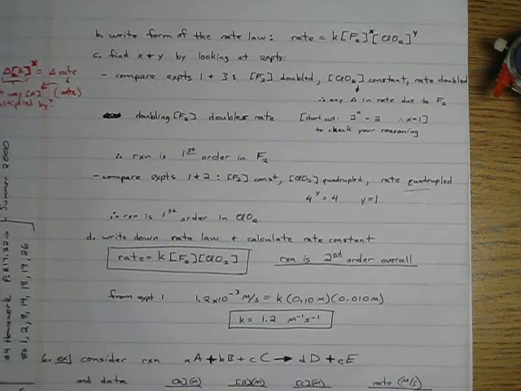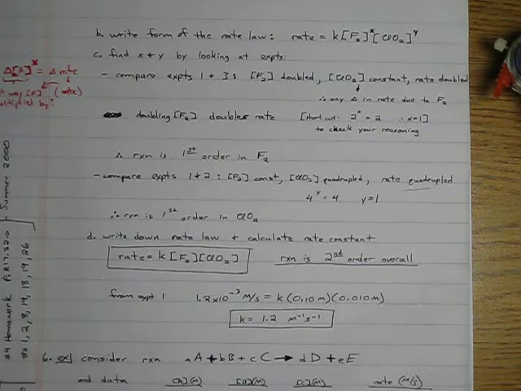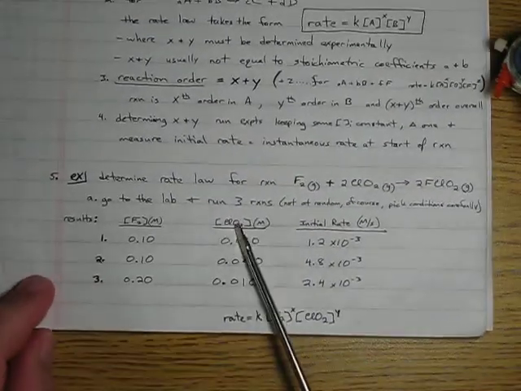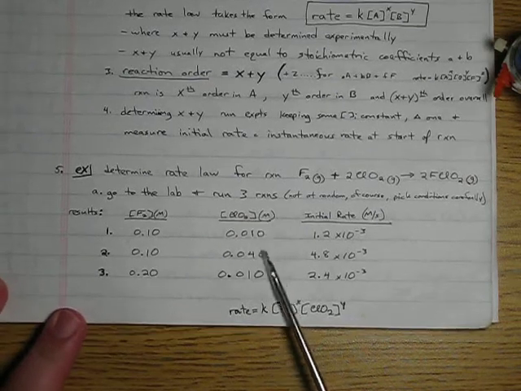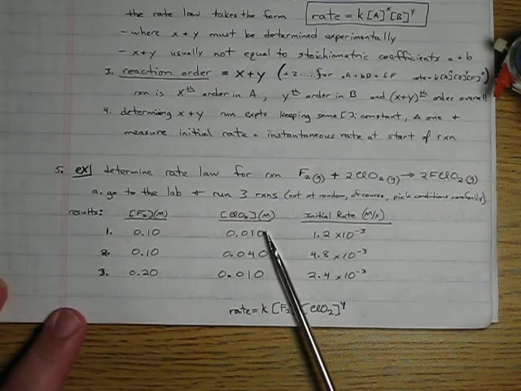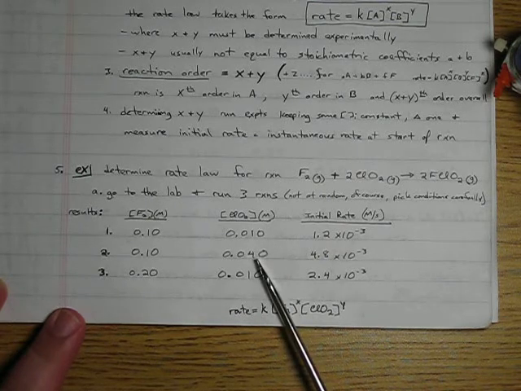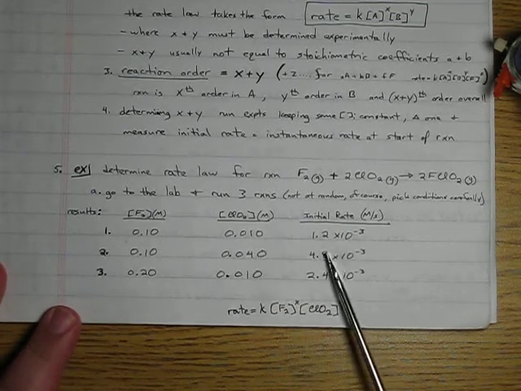All right, well, now let's look at experiments 1 and 2. And when we look at experiments 1 and 2 back here, we're looking at the concentration of ClO2. Note, we multiplied the concentration of ClO2 by 4. We quadrupled the concentration of ClO2. What happened to the rate?